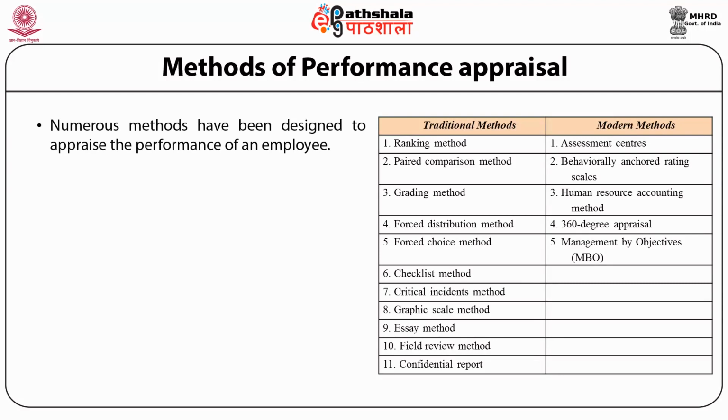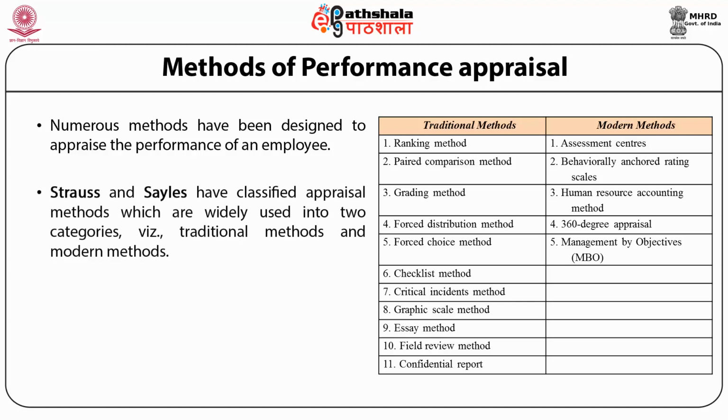Numerous methods have been designed to appraise the performance of an employee. Strauss and Sayles have classified appraisal methods which are widely used into two categories, that is, traditional methods and modern methods.